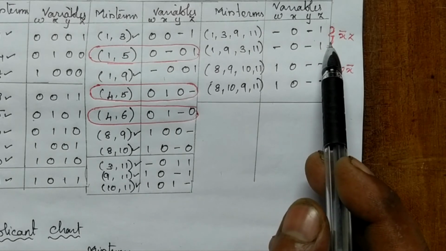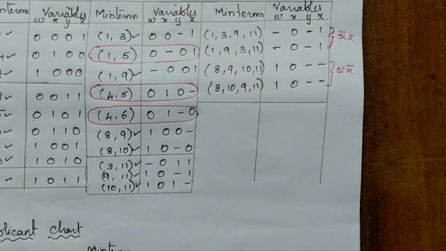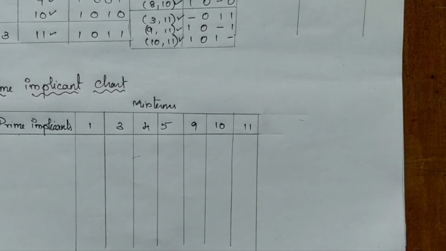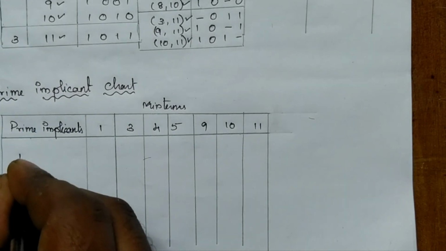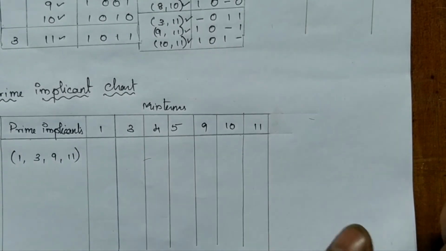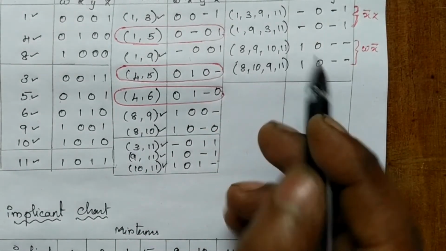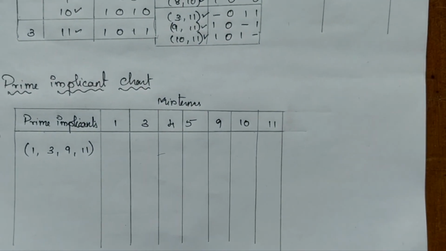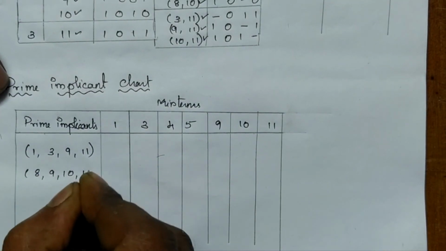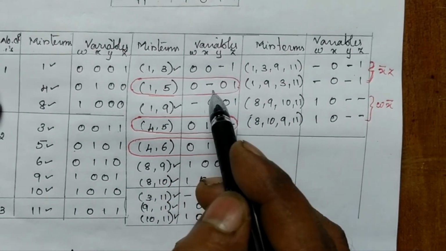The first prime implicant is 1, 3, 9, 11, and the second prime implicant is 8, 9, 10, 11. Likewise, here also we are having the prime implicants.